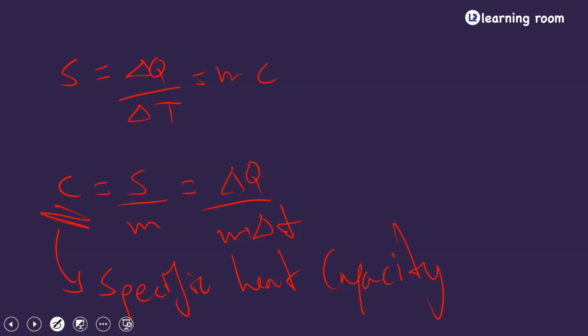Specific heat capacity: it is the amount of heat required to increase the temperature of unit mass of a substance by 1 degree.